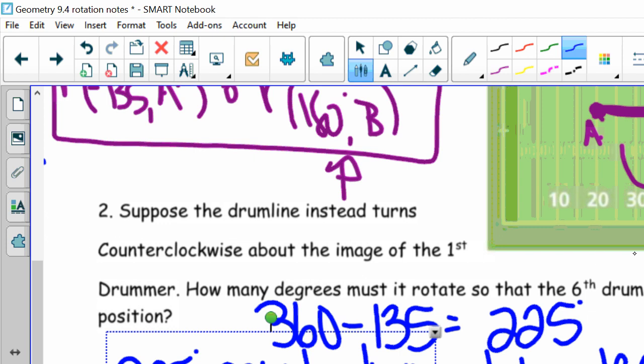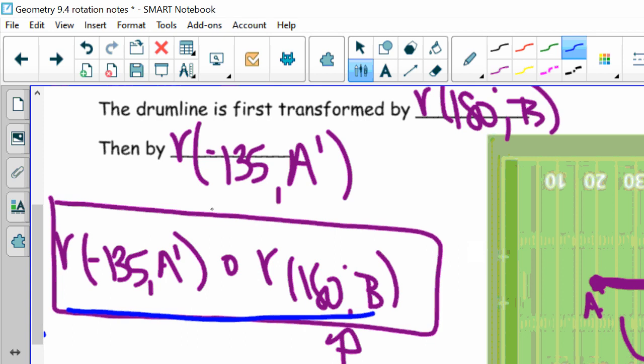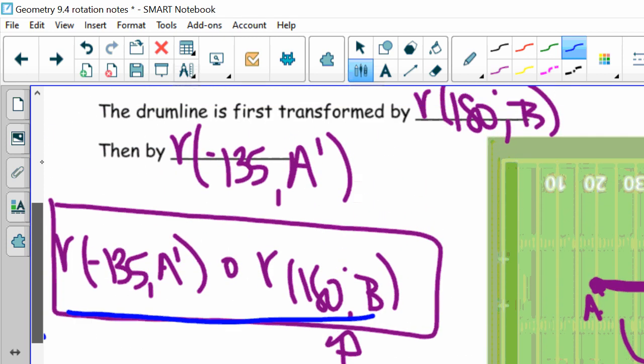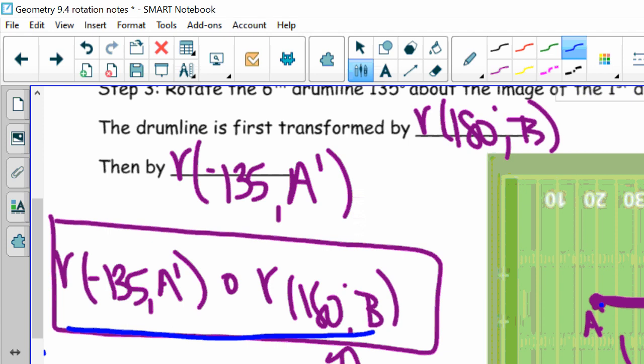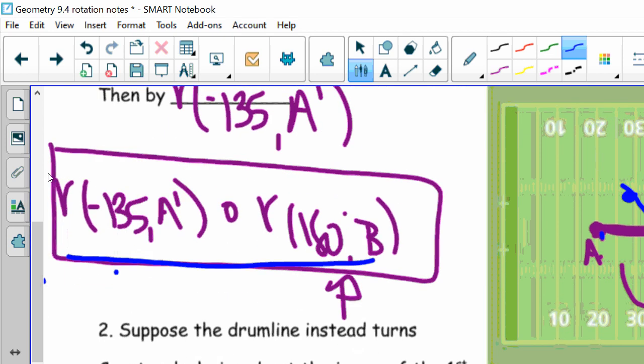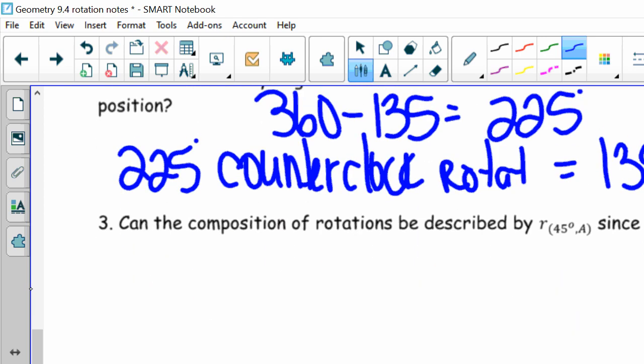And then it says, can the composition of rotations, this one that we just did right here, be described as a rotation of 45 degrees about A, since 180 minus 135 is 45? If I wanted to rotate about A 45 degrees, would I end up in the same spot? Obviously I would not, because this is 135 degrees. With a 45 degree rotation I'm going to be somewhere over here, not way over there. Just because 180 minus 135 is 45 doesn't mean I can substitute that for the two different rotations, because there were two different centers of rotation.